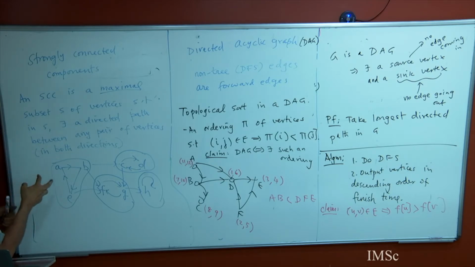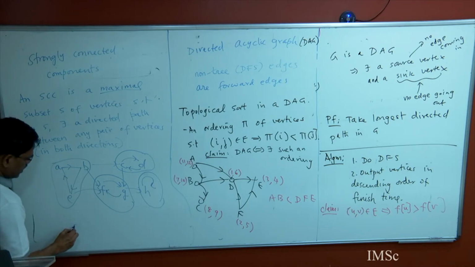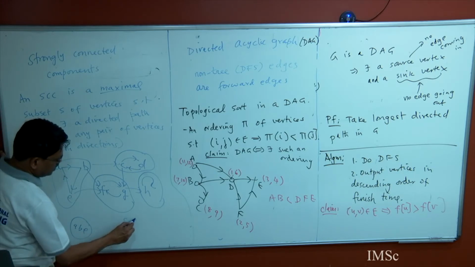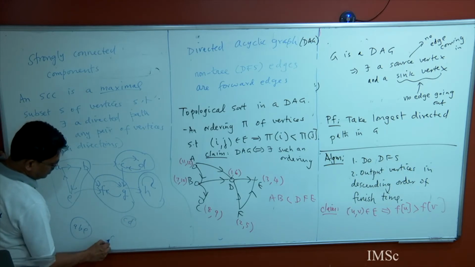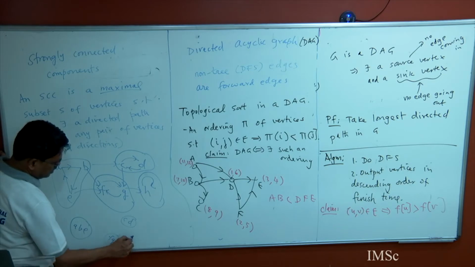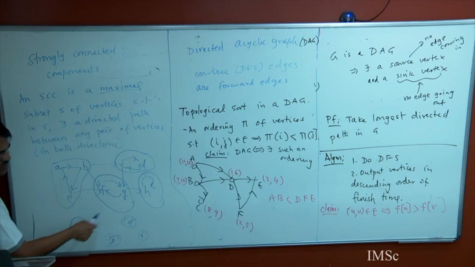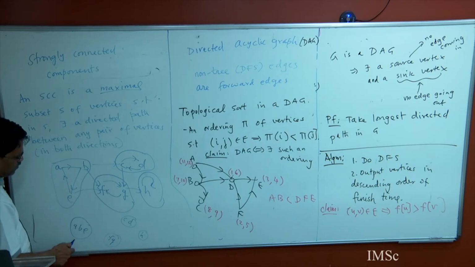One property of strongly connected components is that if I contract all the vertices of one component into a single vertex, so let's say it's ABE, and then I have CD, FG, and H. If you look at edges between these components, there can be edges, there may not be any edge, but you can't have edges in both directions.